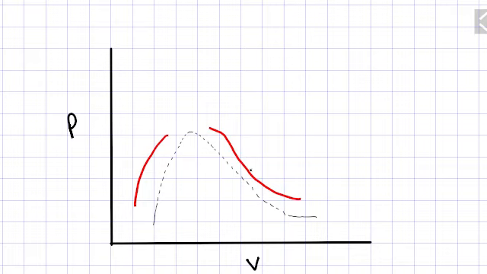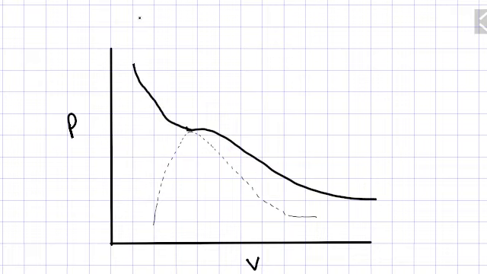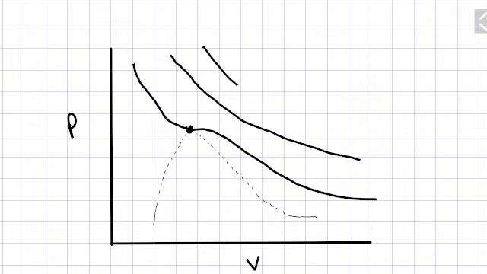Now what we will do next, you will draw this curve, and it will be flat at this point. This slope will be horizontal, this way, and then you will draw the other isotherms. Actually these are all isotherms, I told you so many times.